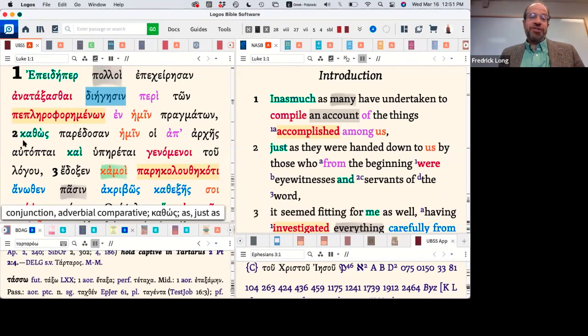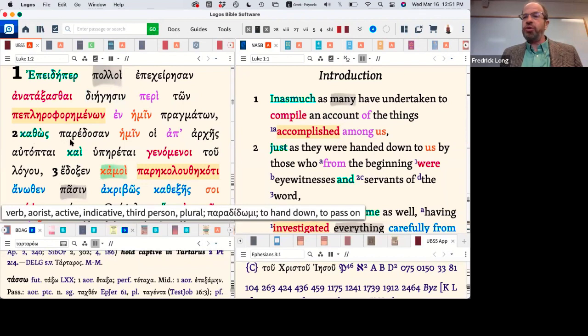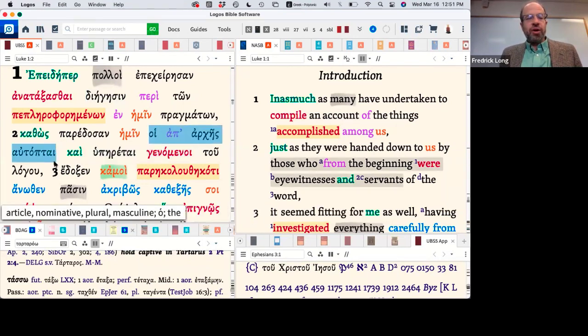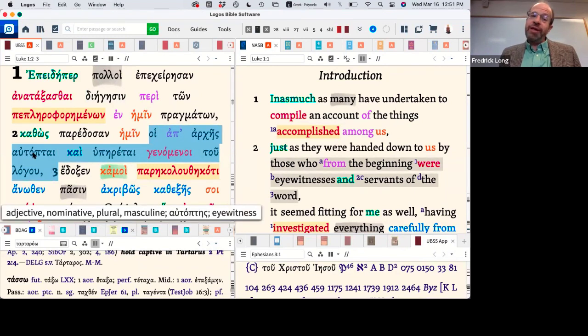And so let's look at verse 2. Just as, this is a subordinate clause, paradosan, the ones who were eyewitnesses and servants, the ones becoming eyewitnesses and servants of the word from the beginning, passed on to you, passed on to us.